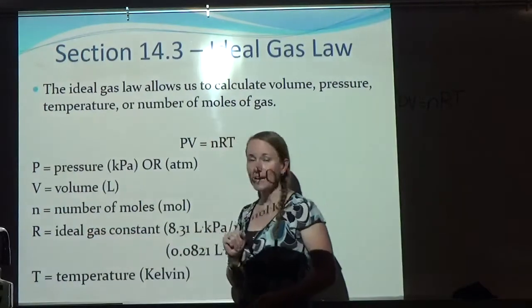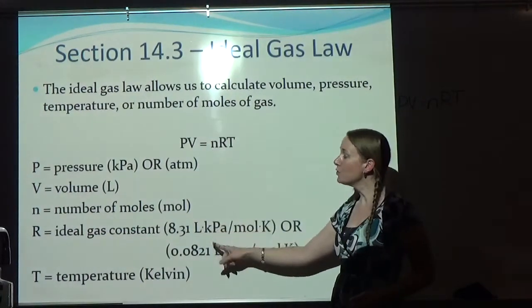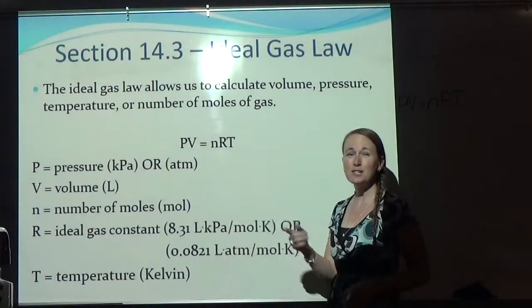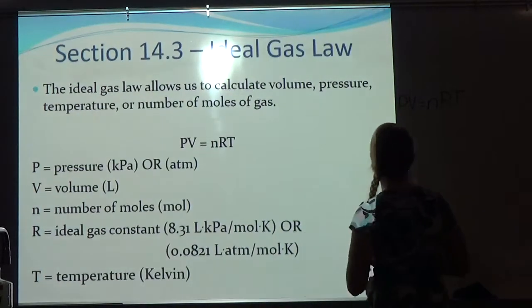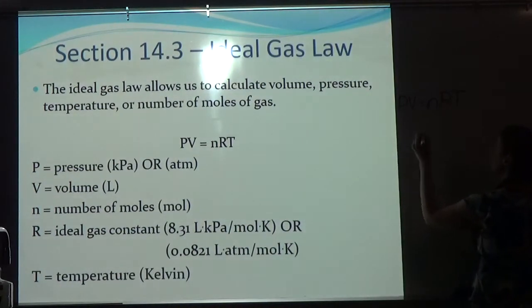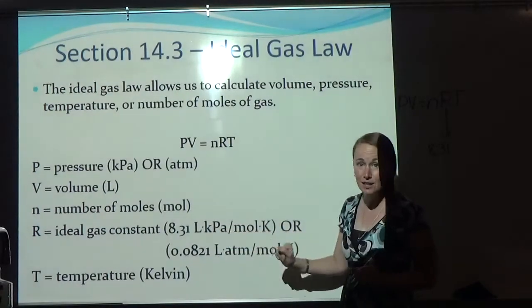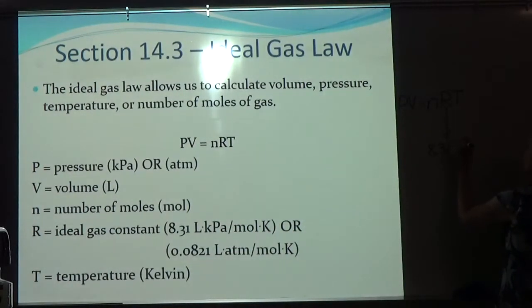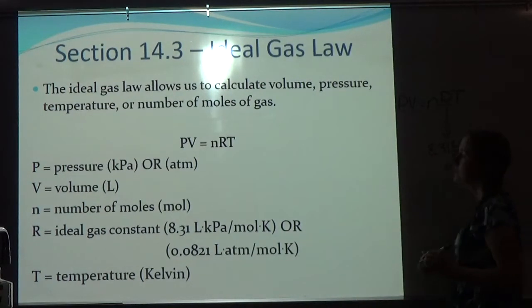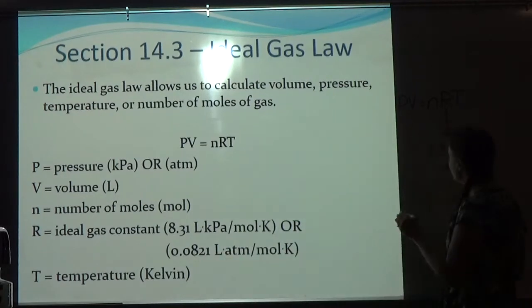R is the ideal gas constant. So you have two that you can pick from. This is why you have two different pressures you can pick from. You can either use 8.31, and if you look, the units for that include kilopascals. So the units are liters times kilopascals over moles times Kelvin. Or you can use the 0.0821.